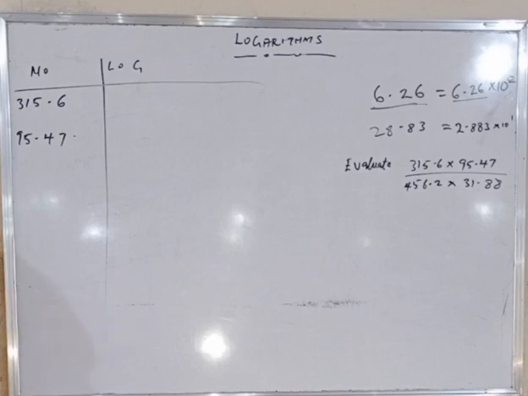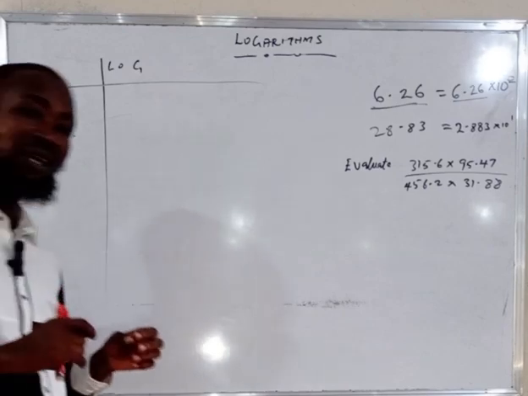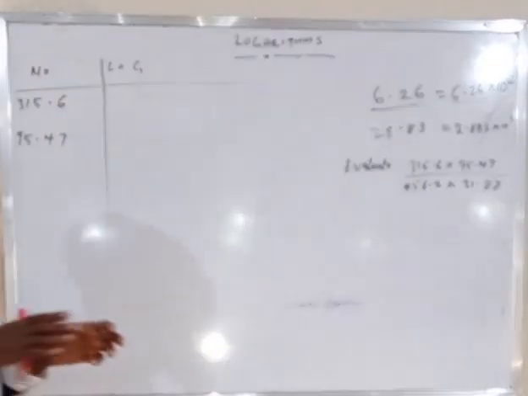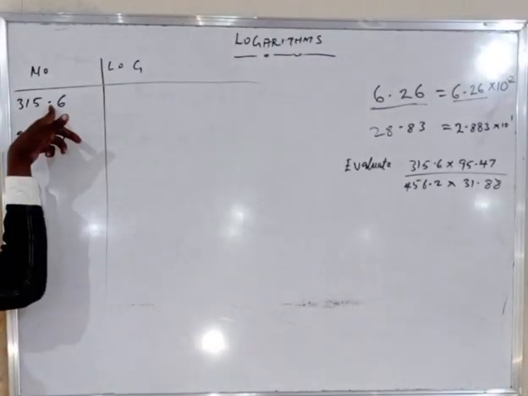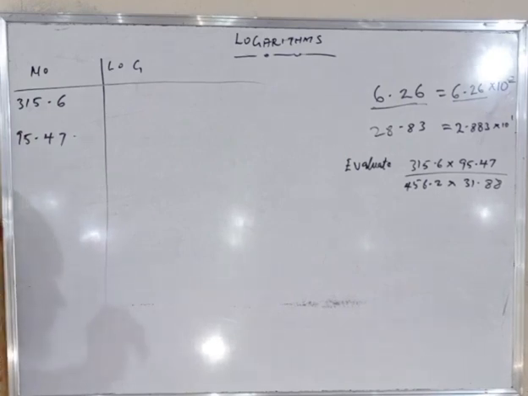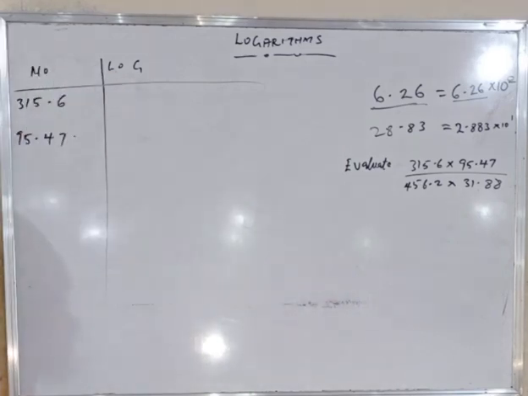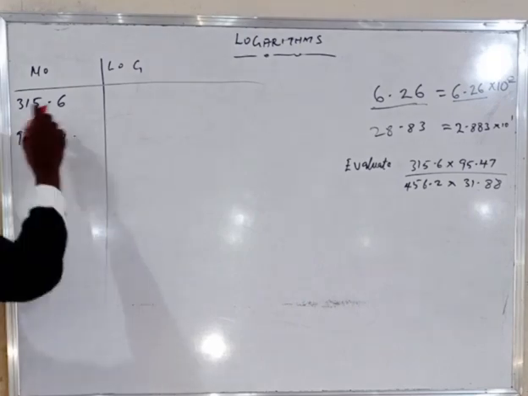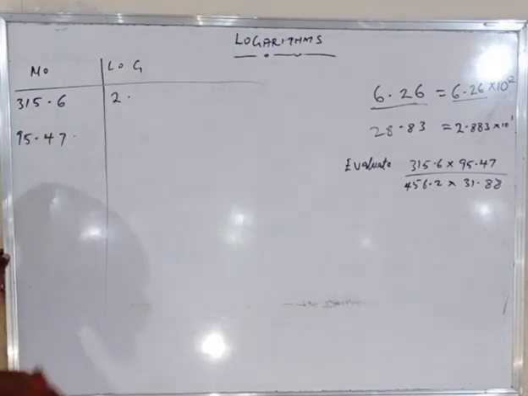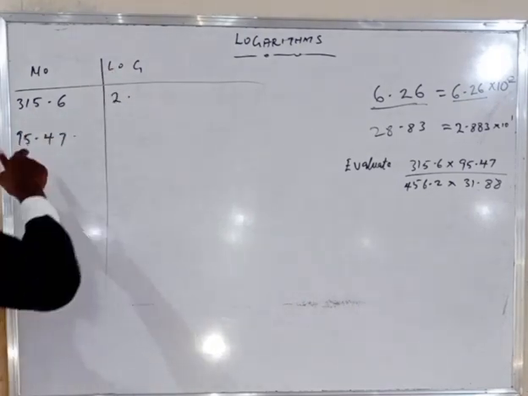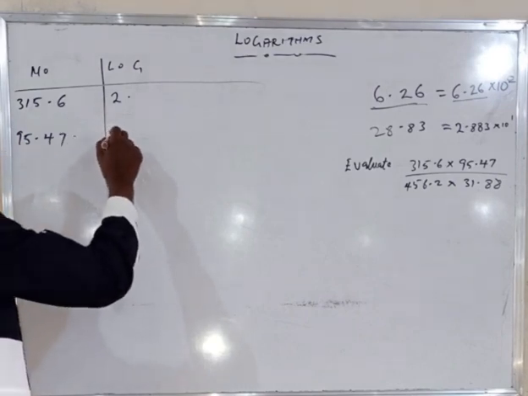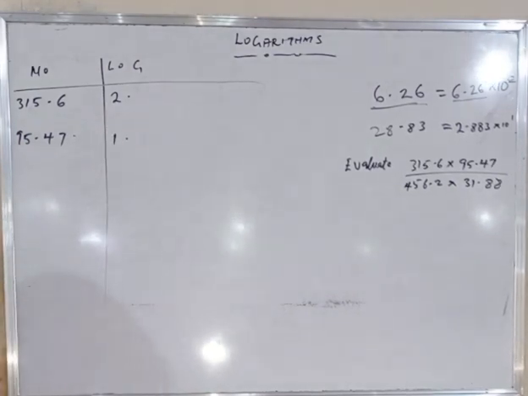When they ask you to find the characteristic, what they are trying to tell you is to shift this point from here to here, or express this number in standard form. Whatever power your 10 carries, come and write it here. That's what we mean by characteristic. Do we all agree this is 2? Then what's the characteristic here? 1. Do we agree?